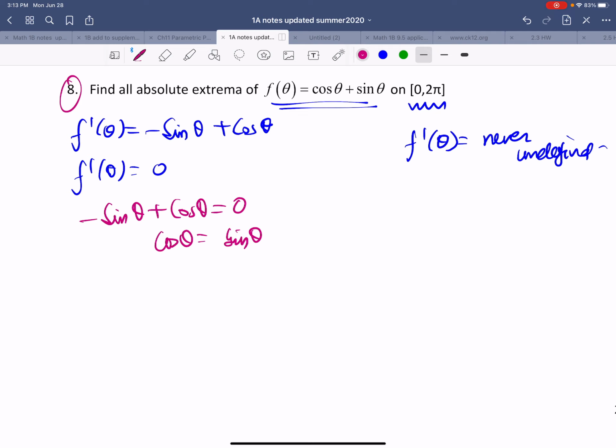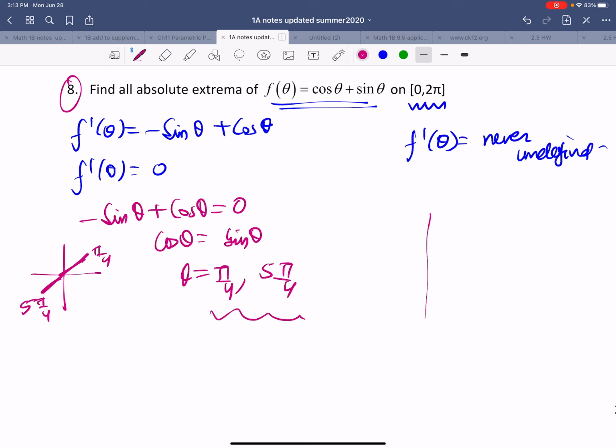When is the cosine theta equal to sine theta? That happens at pi over 4, and it also happens at 5 pi over 4, because in the third quadrant they both are negative. So theta is equal to pi over 4, 5 pi over 4, both in the interval. I'm ready to check my maxes and mins starting from 0, pi over 4, 5 pi over 4, and 2 pi.